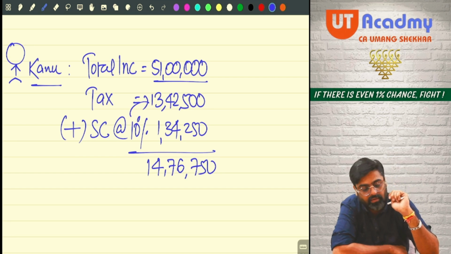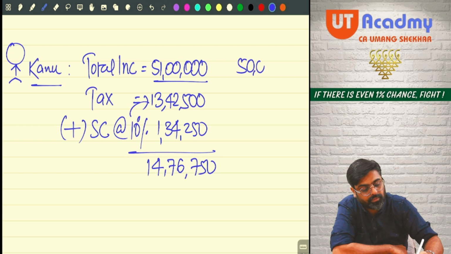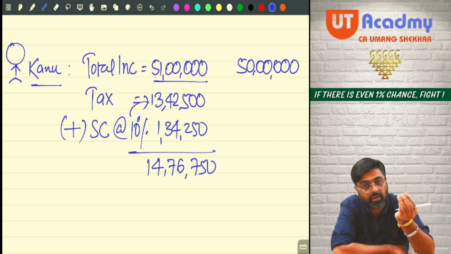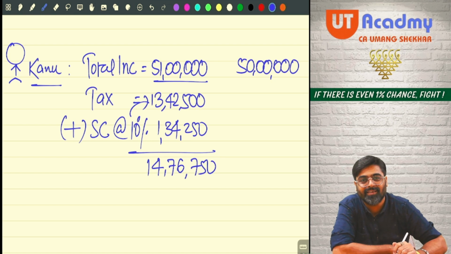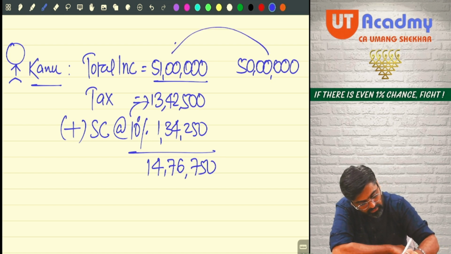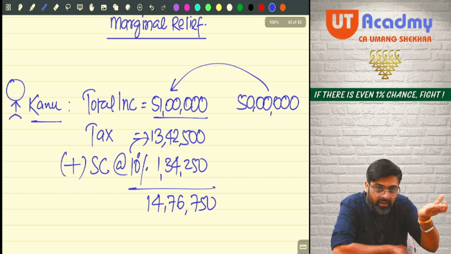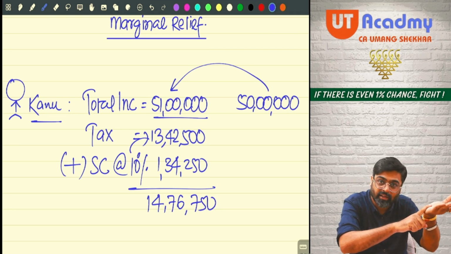She is saying, sir, see, if I would have earned only 50 lakh rupees of total income, not 51 lakh. My total income is going only 1 lakh rupees above 50 lakhs. Can you see? Her total income is 51 lakhs. So the limit till which she is not liable to pay any surcharge is 50 lakhs.